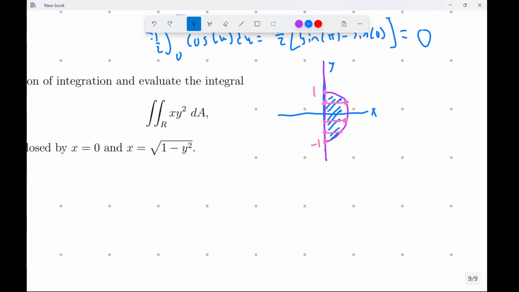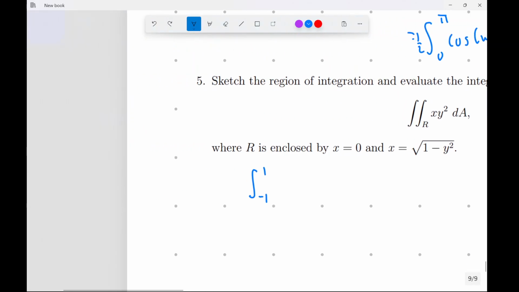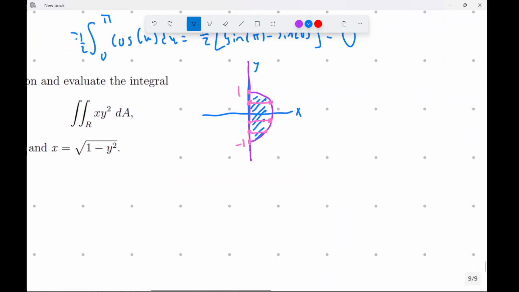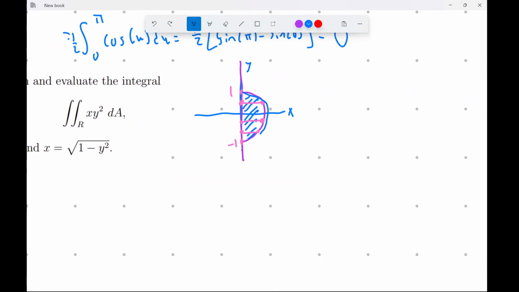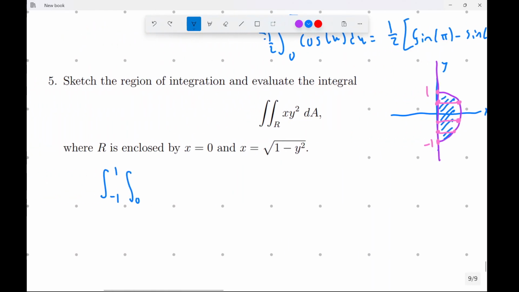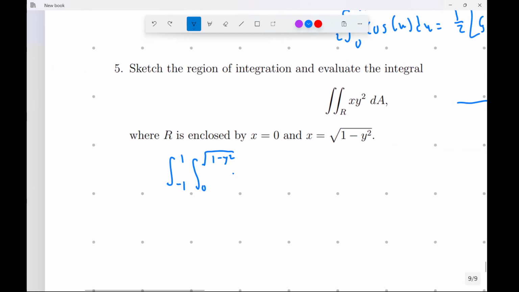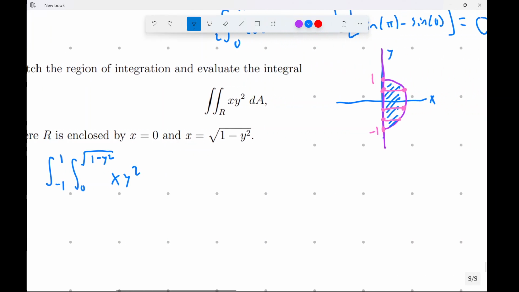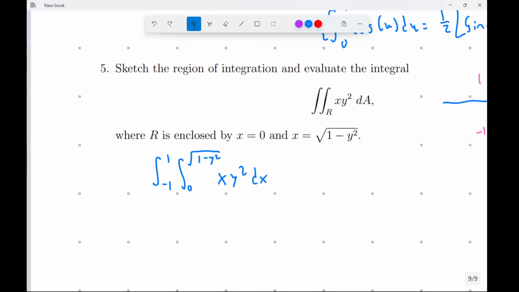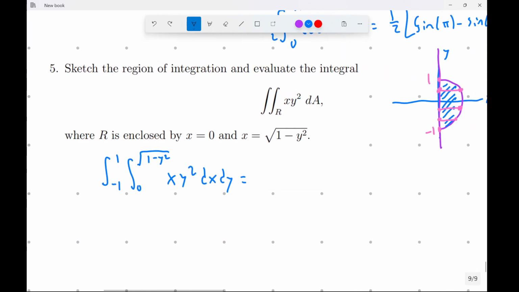And then on each of these cross sections, the minimum value for x is 0, and the maximum value is up here, which is root 1 minus y squared. And then we have x times y squared dx dy.